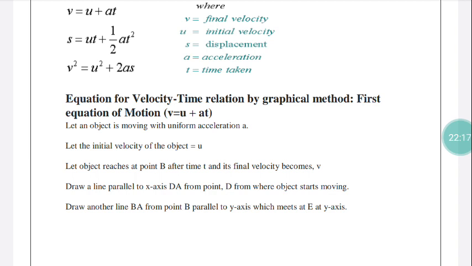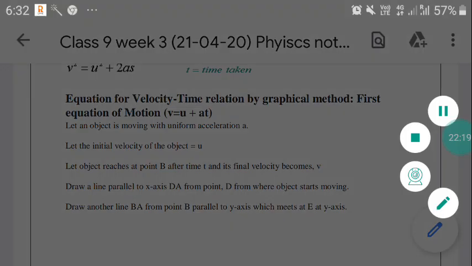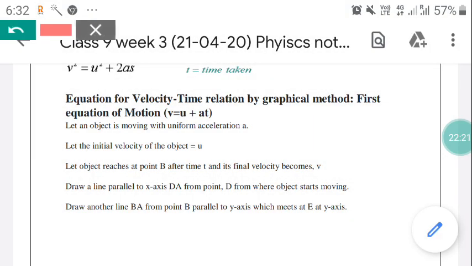From that we will calculate this first equation. So suppose, this is an assumption, an object is moving with uniform acceleration a. Its initial velocity is u and final velocity is v.